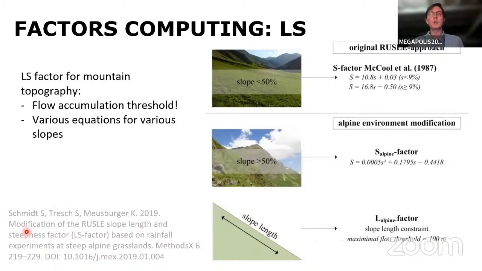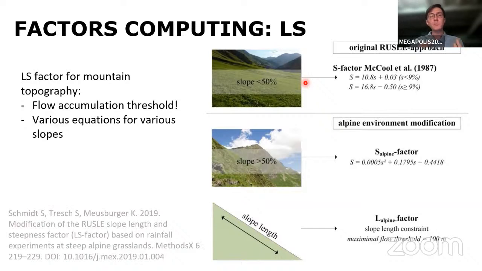I would say that the real boost for soil erosion modeling was done when, I don't remember who exactly, suggested to use a flow accumulation threshold, so to limit the maximal flow threshold modeled in GIS programs to 100 meters or 120 meters.